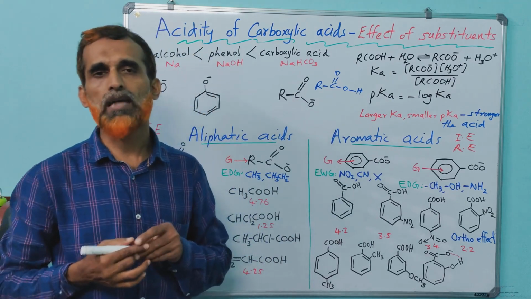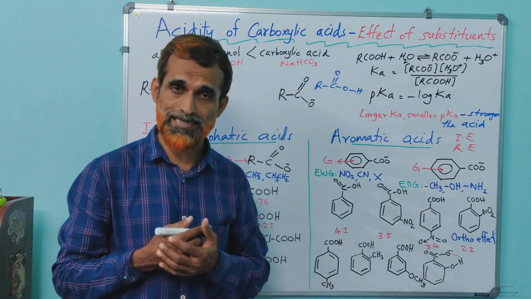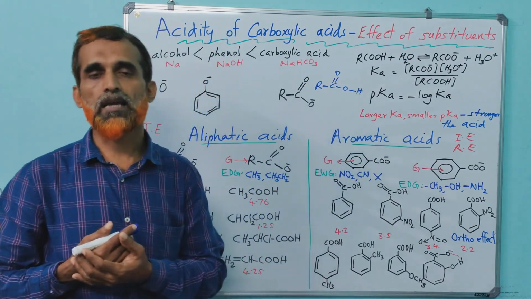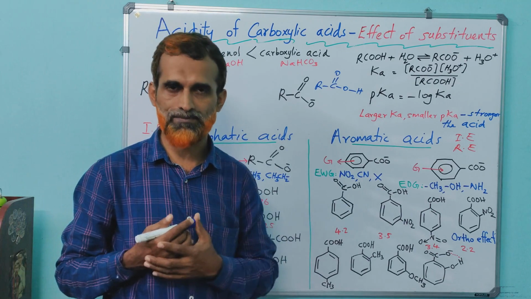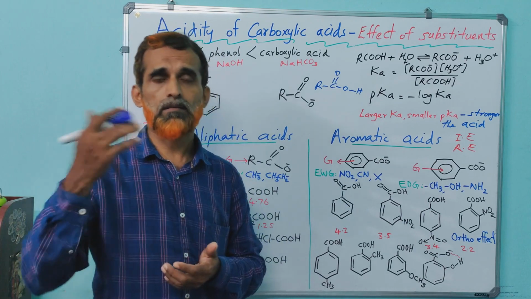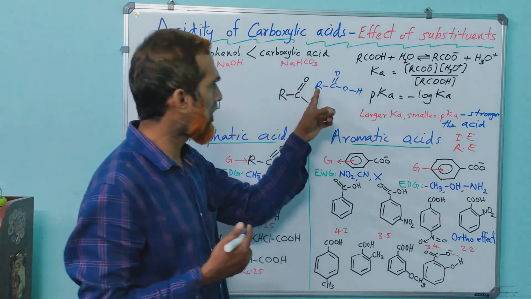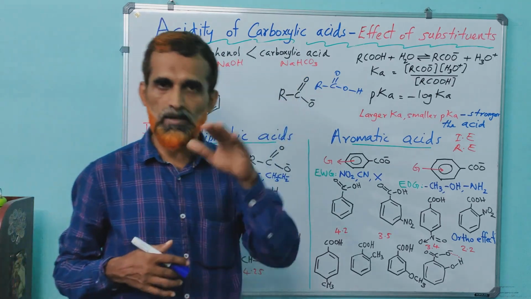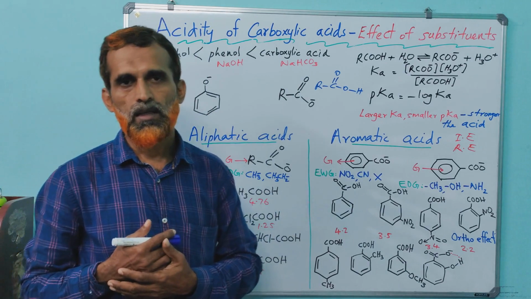So it can have strong dipole-dipole interaction. In addition, due to the presence of the OH group, it can have hydrogen bonding as well. Higher carboxylic acids, when the R group becomes larger, solubility falls.